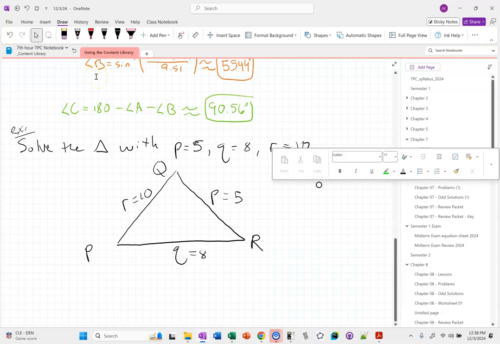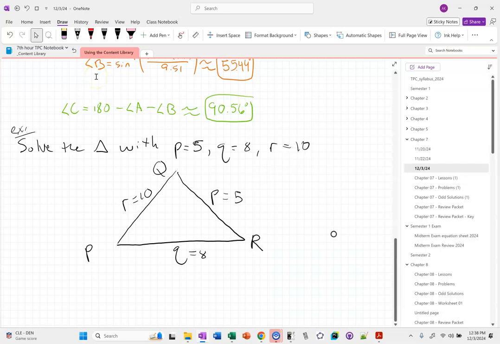So far, so good. What kind of triangle do I have here? Side, side, side. So that's telling you the law of cosines is the necessary tool to use.